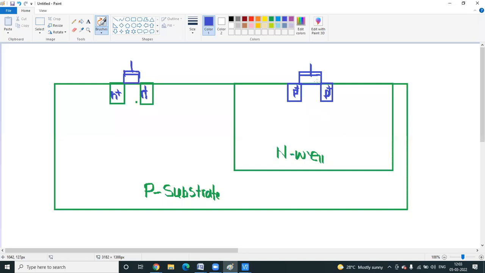So this is your PMOS. This is your NMOS. So your body will be there.